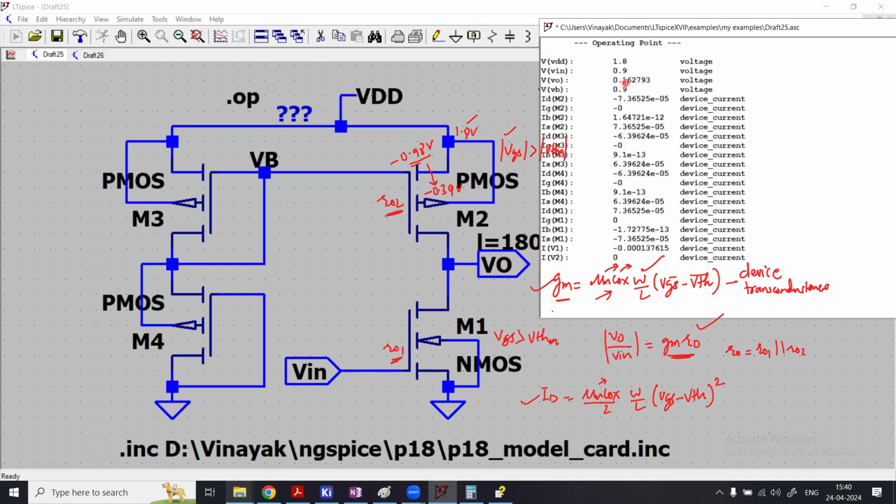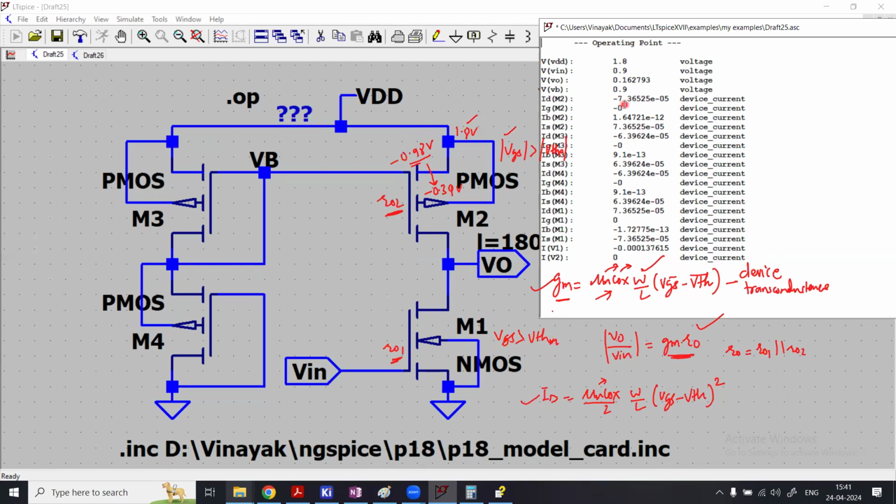So obviously your output voltage is just 160 millivolts, so you don't really have this transistor operating in the saturation region, right? That's clear. Now look at the VB, which is 0.9 volt as theoretically calculated. So obviously M1 is in linear region, right? Because VDS is less than VGS minus VT.